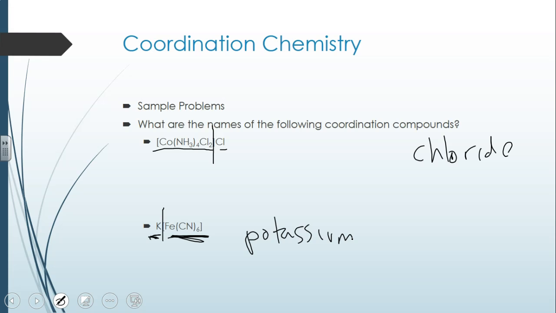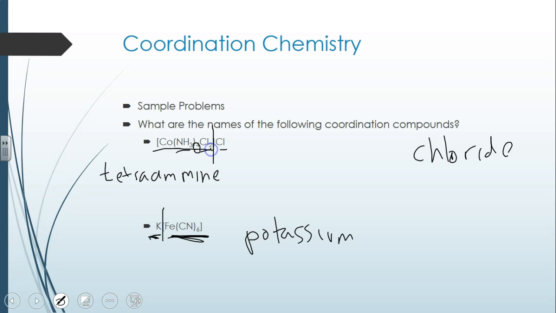Okay, so when we have a complex ion, again, we name the ligands alphabetically. So we have chloro and ammine. Ammine comes first, so I guess I'm going to start here. And how many ammines are there? There's 4. So that's going to be tetraammine.